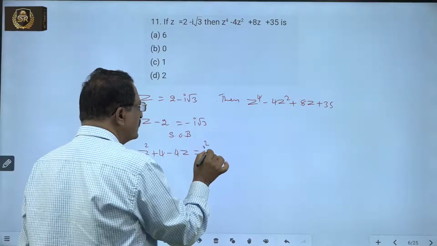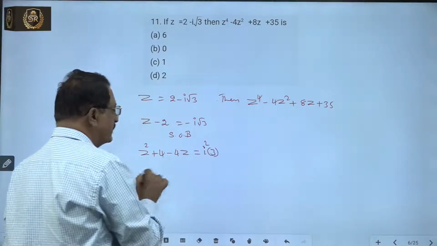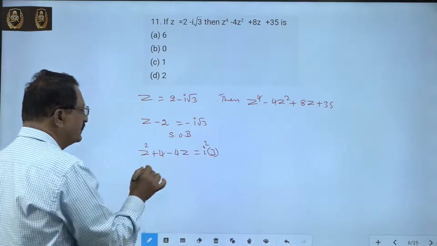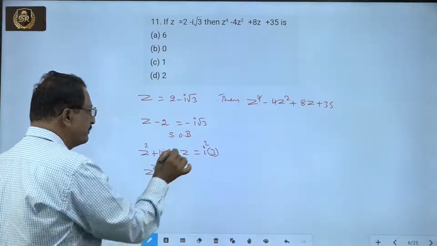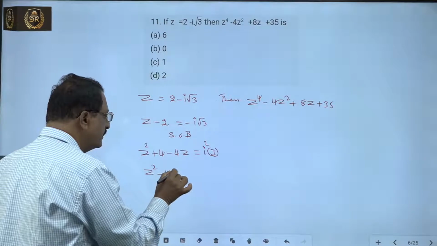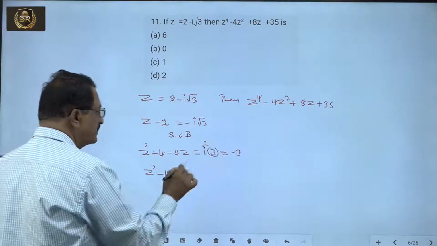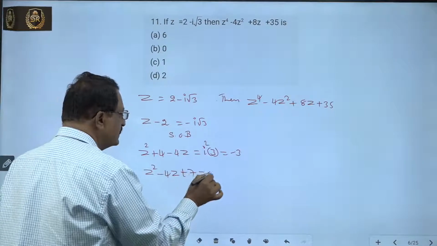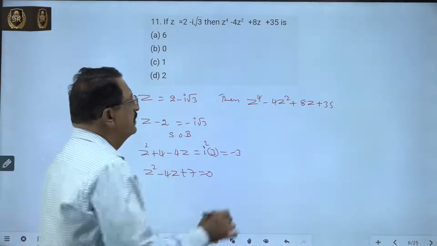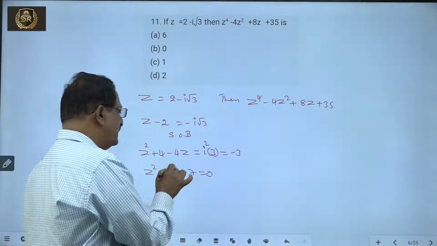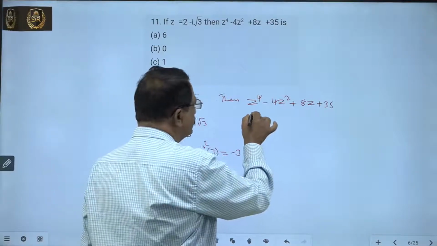Now, i square into 3, but i square equals minus 1. Now, z square minus 4z equals minus 3. Take left side, 4 plus 3, 7 equals 0. Z square minus 4z plus 7 equals 0.